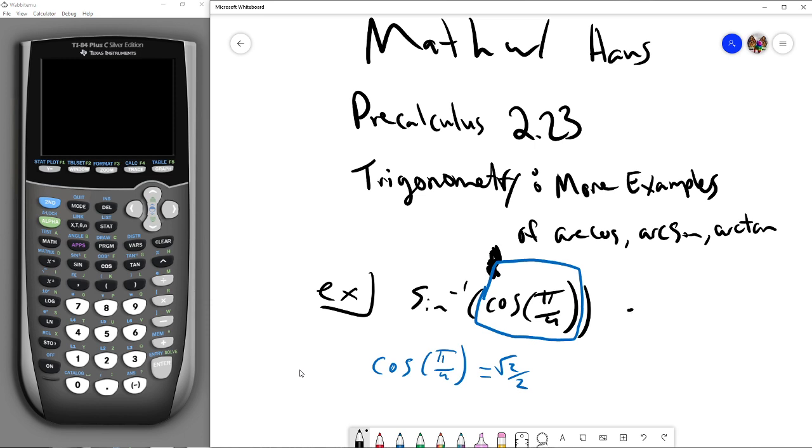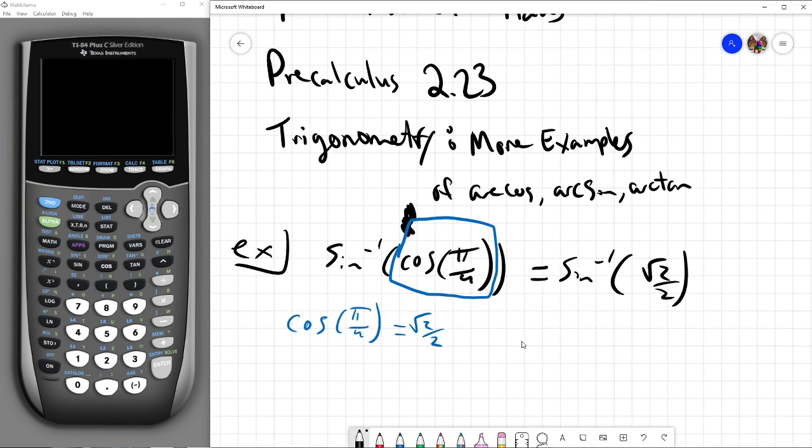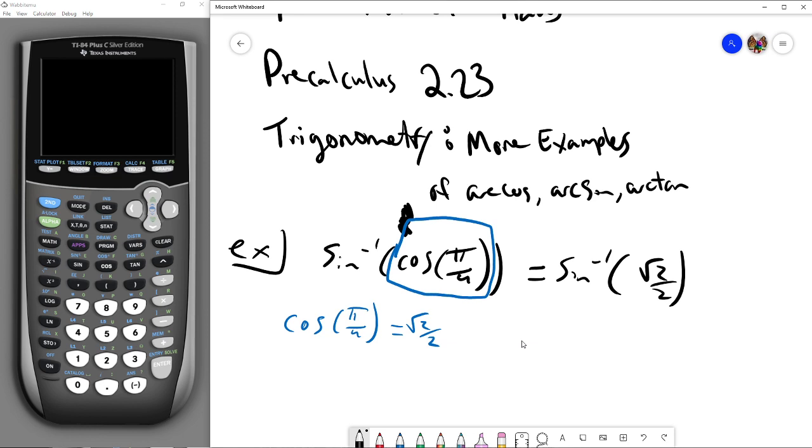And so this arcsine statement is going to be arcsine of root 2 over 2. We want to ask ourselves the question: arcsine, or sine of what angle, gives you root 2 over 2? Well, the answer to that is pi over 4.